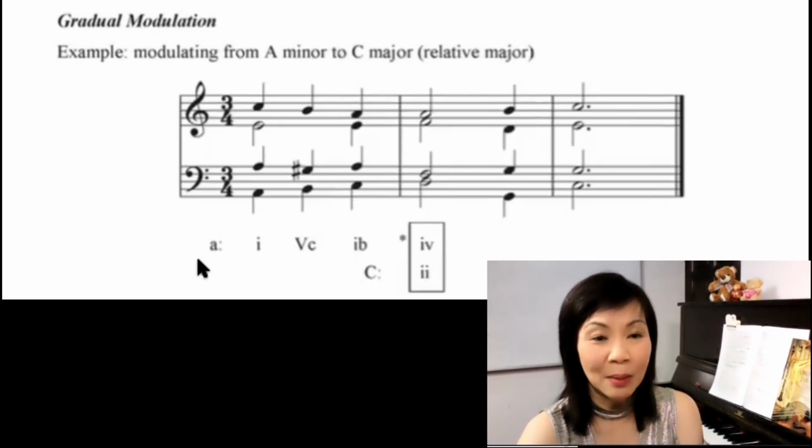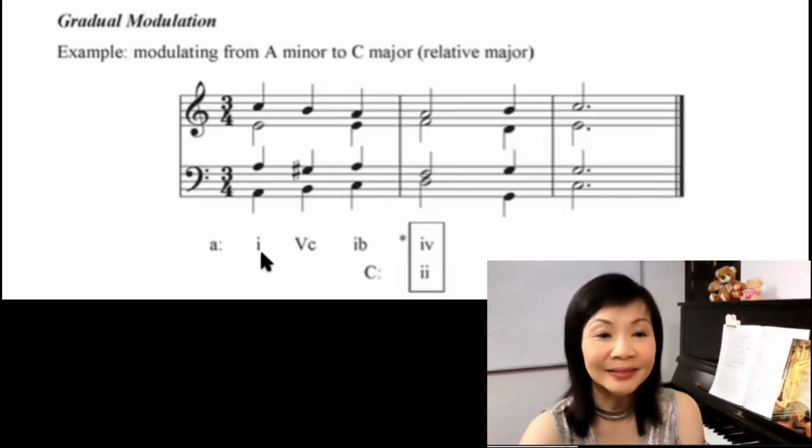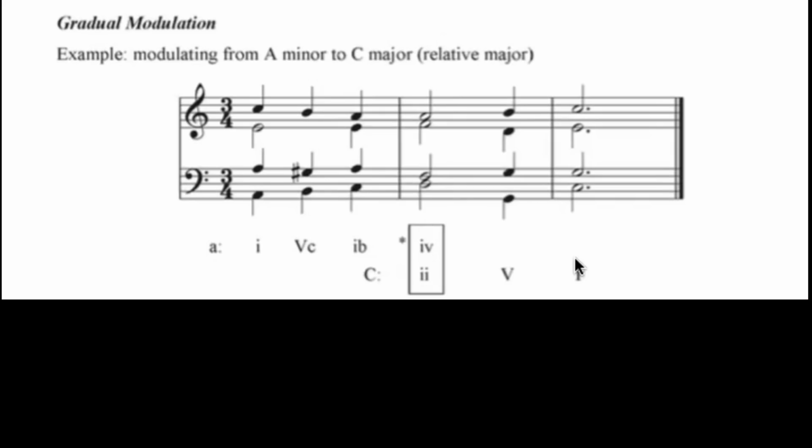In this first example, the chords modulated from A minor with 1, 5, C, 1B to C major, ending with 2, 5, 1. Chord 4 serves as a pivot chord, which is chord 2 in C major, thus modulating very smoothly into the relative major.